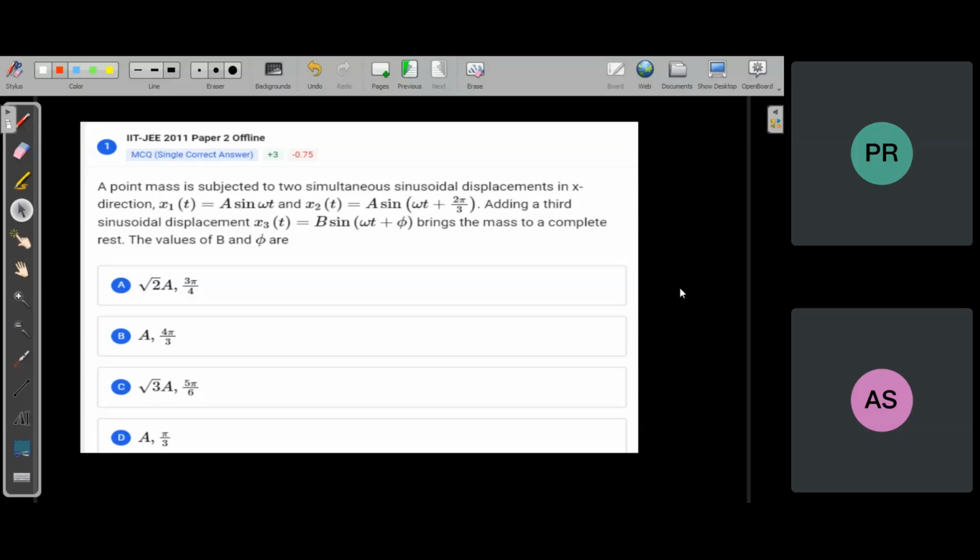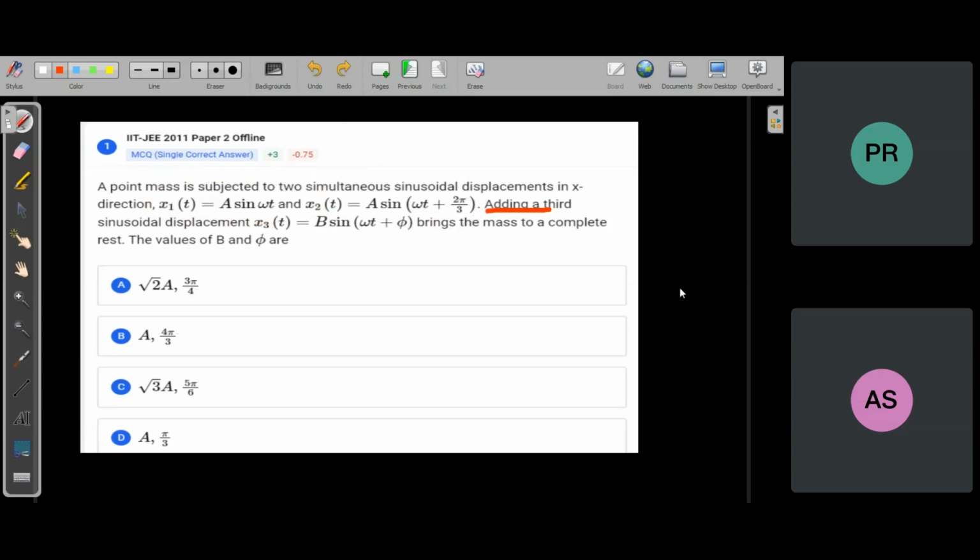So here you have to see that when the same mass is subjected to two or more simultaneous sinusoidal displacements, each equation of displacement is an equation of SHM. This is also an equation of SHM. Both SHMs are done by the same mass. So the overall motion will be a combination of this and this.